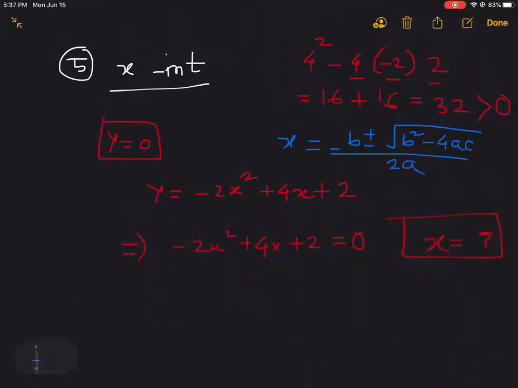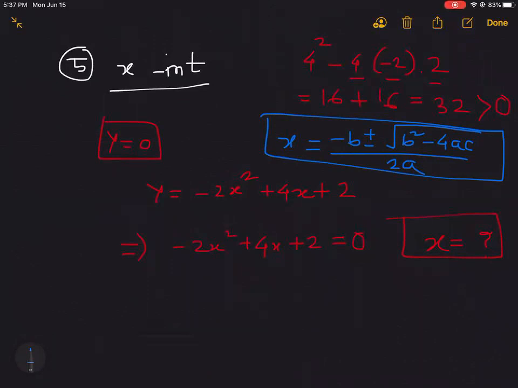If you plug in the values of a, b, and c, you will find the result for x, or in other words, the x-intercept.